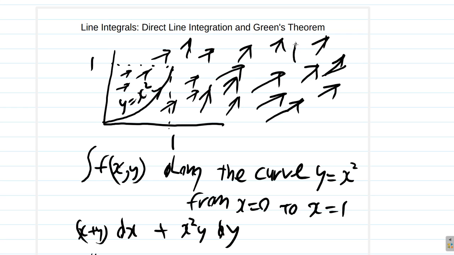So the gradients might change depending on the position, but it's a vector field. The function itself will be a vector field. We have x alone dx, or x and y dx, or some number mixed up with some number dx plus, and then a similar situation with x and y dy. Right, that's a vector field which you can consider as a force.